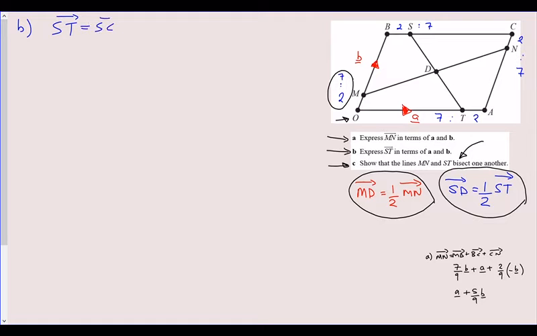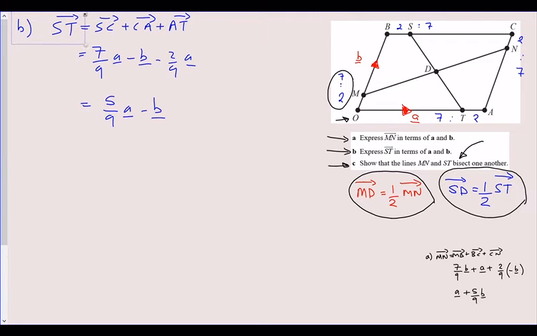So S to C plus C to A plus A to T. So S to C is going to be 7/9 of A minus B minus 2/9 of A. Collecting those like terms together there, so I've got 5/9 of A minus B.